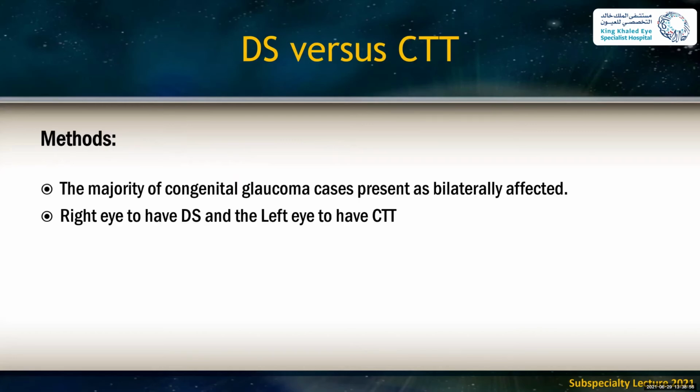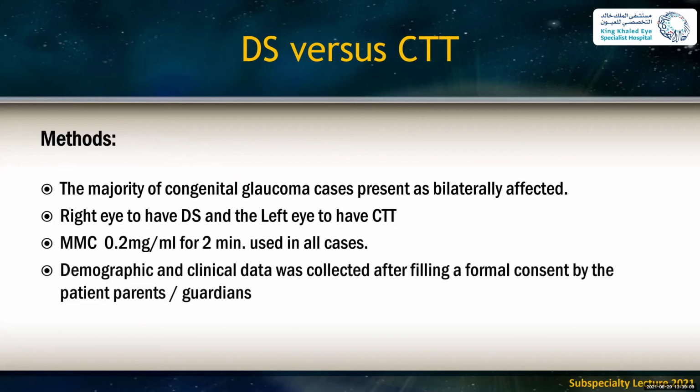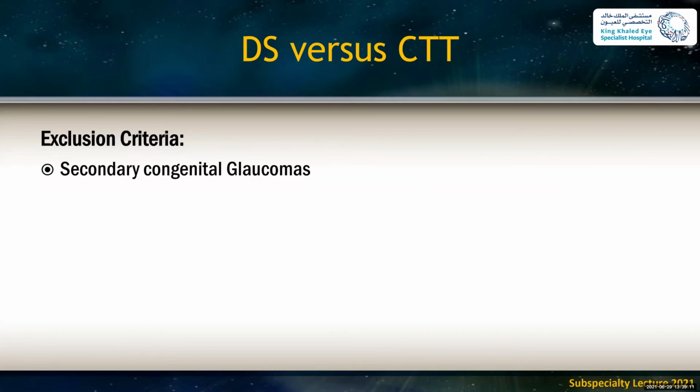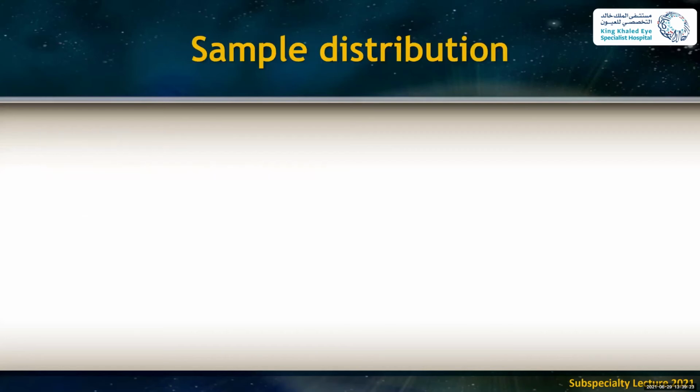As for methods, the majority of congenital glaucoma cases present, as I said earlier, bilaterally affected. The child's right eye was designated to have the sclerectomy and the left eye the combined procedure. Exclusion criteria were secondary congenital glaucomas, not only primary ones, previous surgery, and unilateral cases.